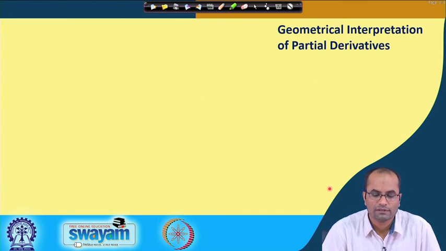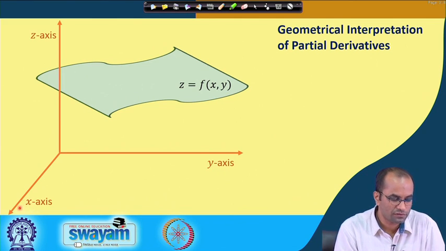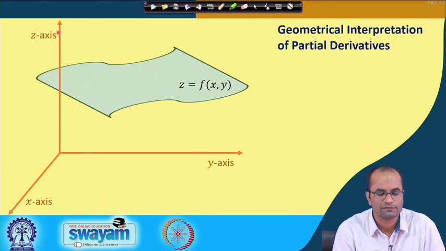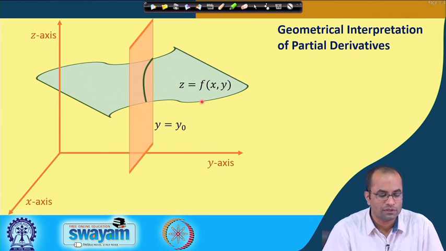So, coming to the geometrical interpretation of the partial derivative, we consider this three-dimensional space. So, x axis, y axis, and then we have the z axis there, and we have some surface where the function z is equal to f(x, y). So, the surface is represented by this function z equals f(x, y).